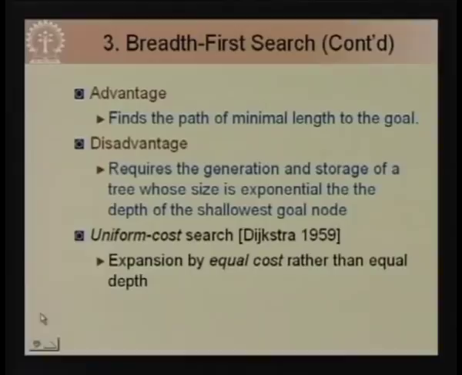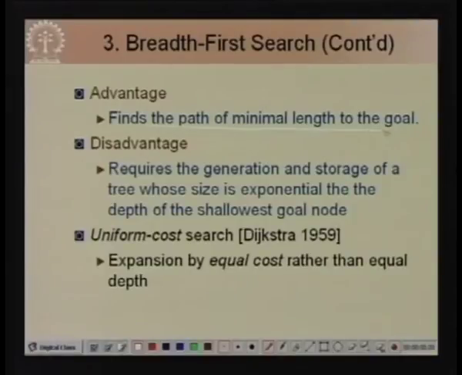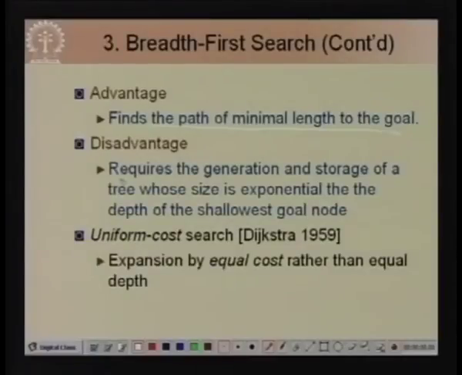So, the time and space complexities of breadth first search are exponential in terms of d, that is the depth of the solution. The advantage of breadth first search is that it finds a path of minimal length to the goal, but one of the major disadvantages of breadth first search when we compare it to the next strategy, depth first search, is that breadth first search requires the generation and storage of a tree whose size is exponential.